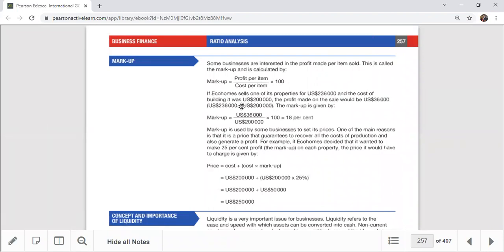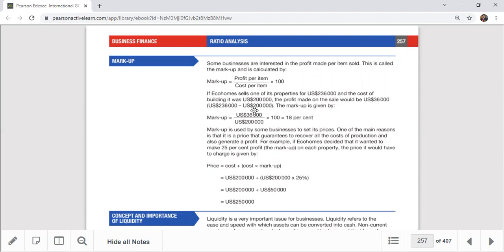In the previous case, Eco Homes, the properties sold for 236,000 US dollars and the cost of sale is 200,000. So their selling price is there, the cost of sale is there, and they made a profit of 36,000 US dollars, that is, 236,000 minus 200,000.